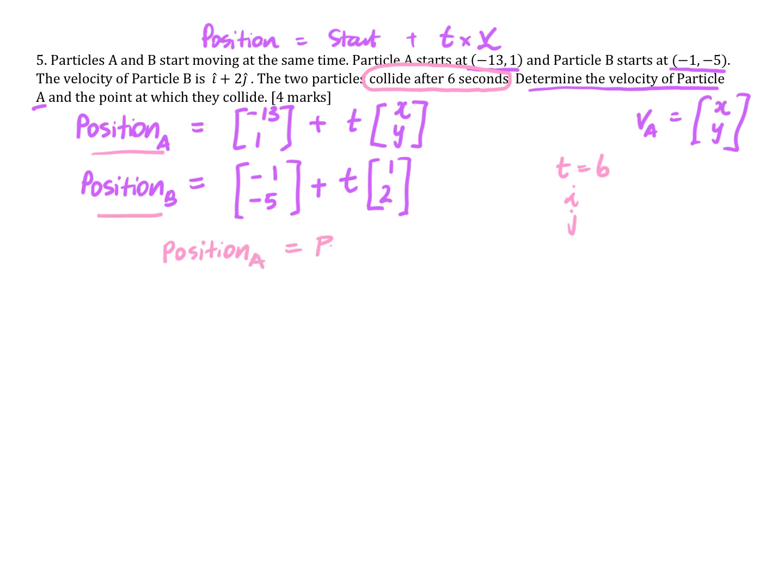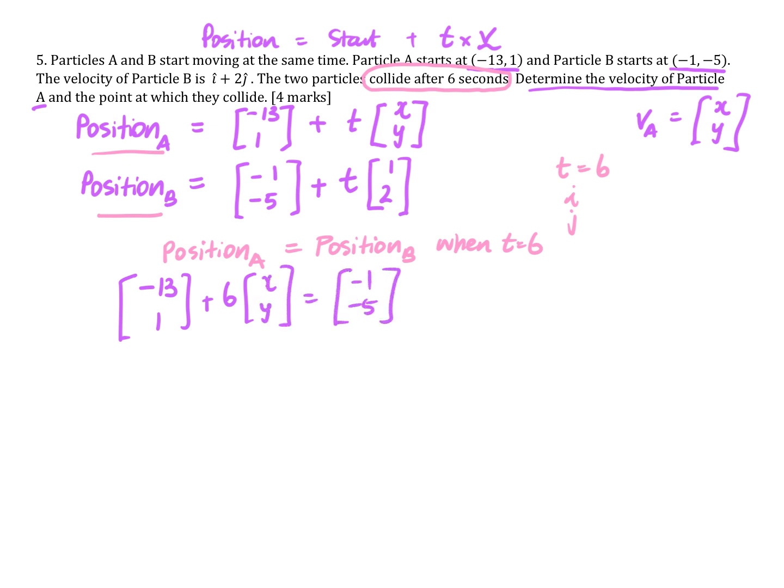Then we write: (-13, 1) plus 6 lots of (x, y) equals this, 6 lots of this.